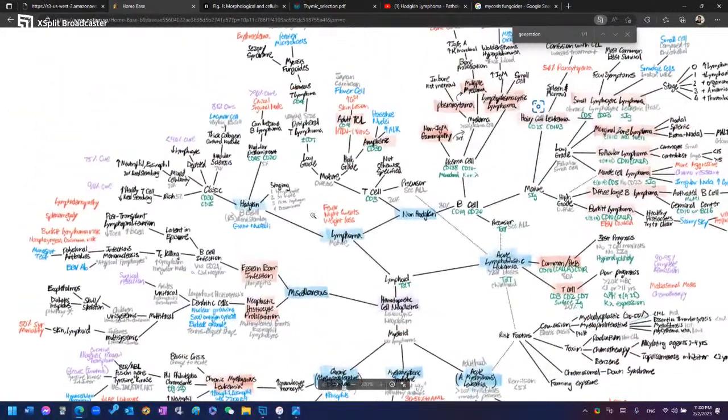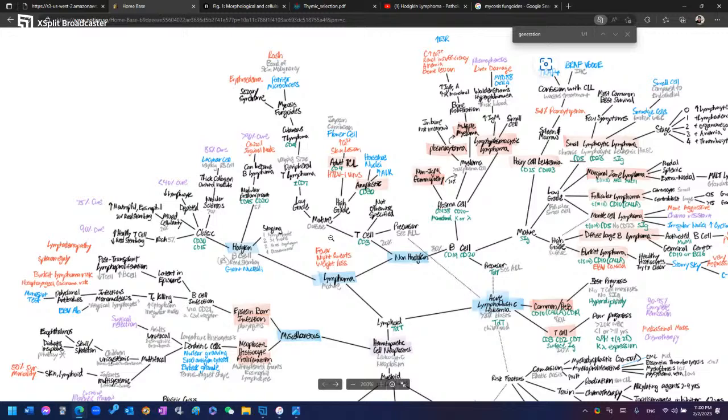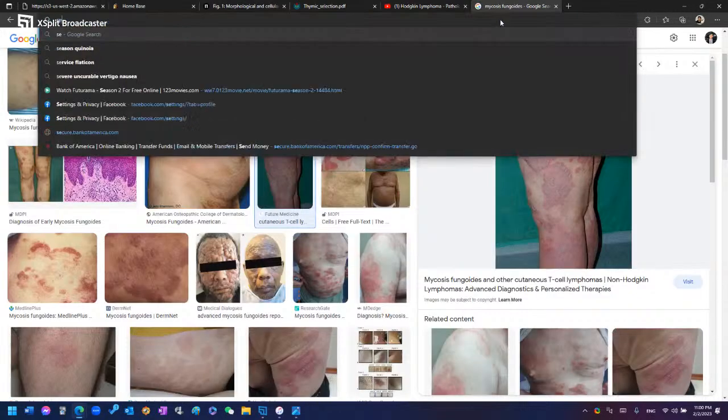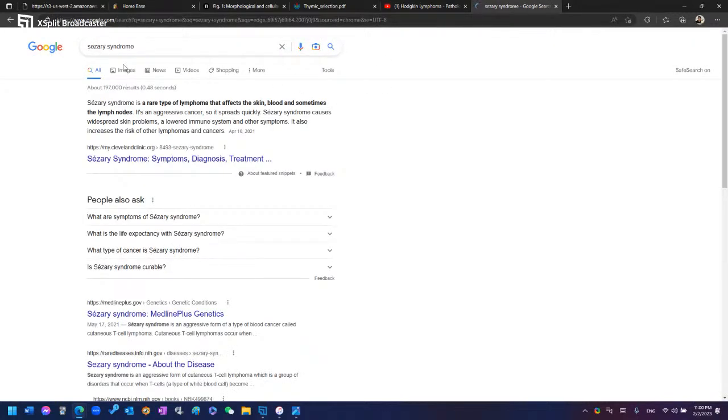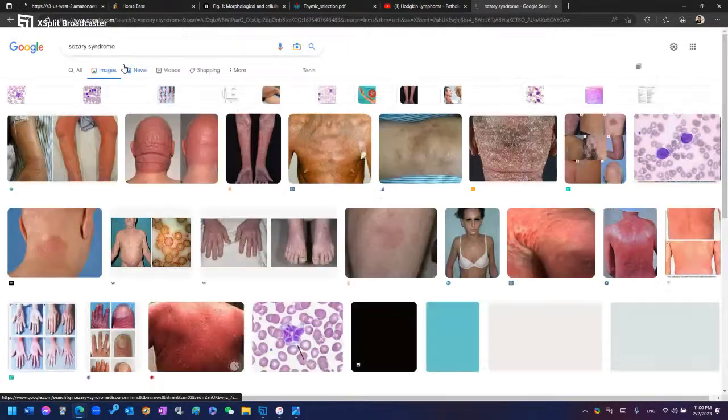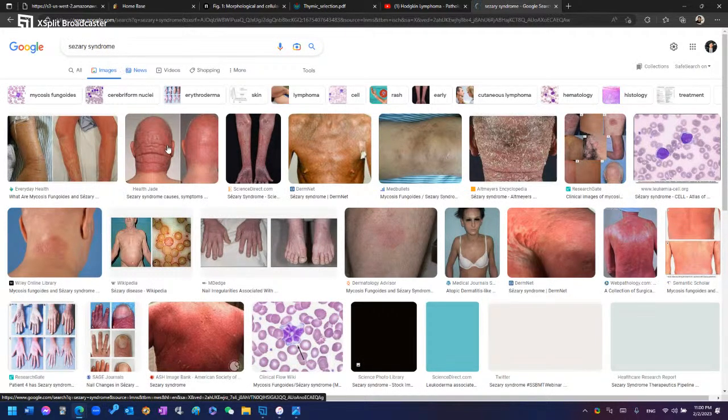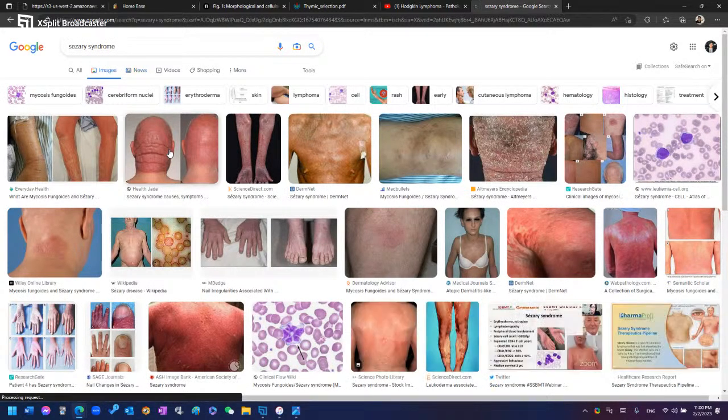I think it's more likely a non-Hodgkin T-cell lymphoma that causes this Sézary syndrome. So let's look up Sézary syndrome. And so you turn very, very red. And you also have this peeling as well.